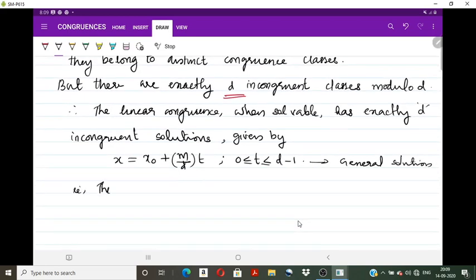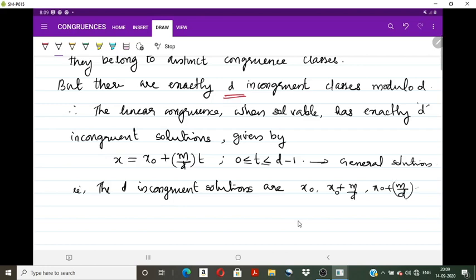That is, the d incongruent solutions are x naught, x naught plus m by d, x naught plus 2 m by d, x naught plus 3 into m by d, x naught plus 4 into m by d, and so on, up to x naught plus d minus 1 into m by d.